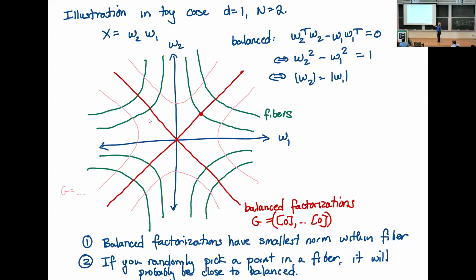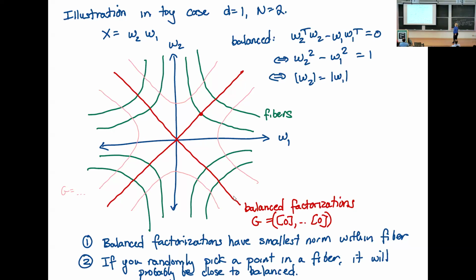Within this toy picture, let me restate what I just said. First, the balanced factorizations have the smallest norm within the fiber. If we look at one of these gray curves, the balanced one, at the intersection with the red point, is indeed smallest norm. Point 2 is the probabilistic thing.